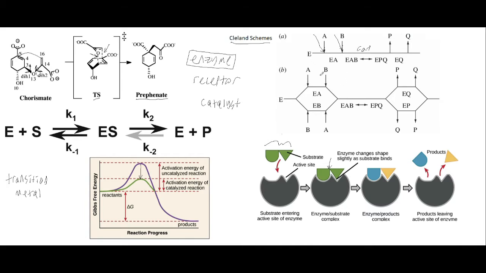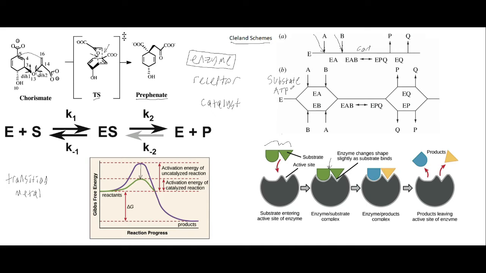We see this kind of thing happen quite often when we're talking about an enzyme that phosphorylates something, and so it will have the substrate that it wants to phosphorylate, and then it'll have ATP. So both of these things have to bind.